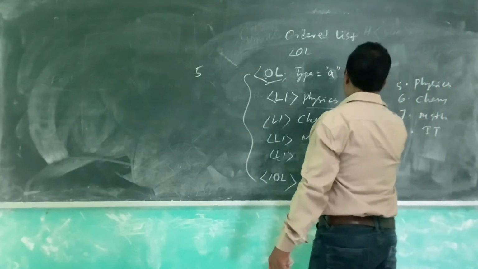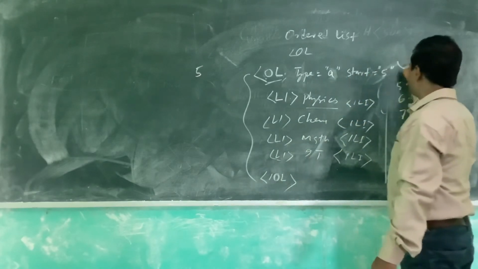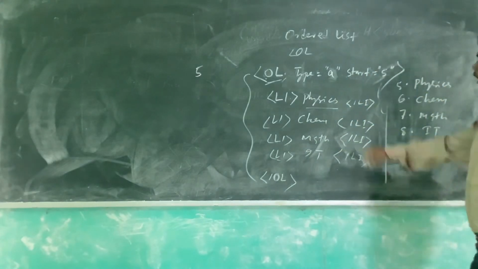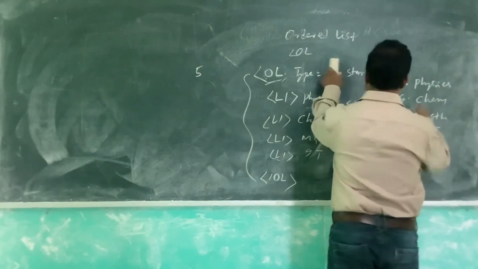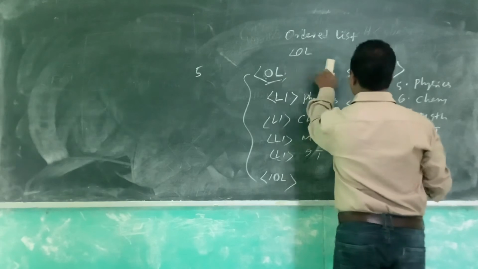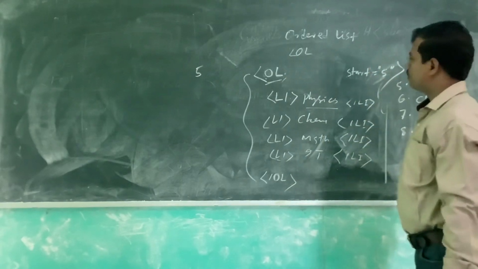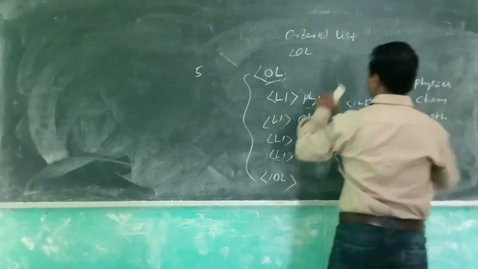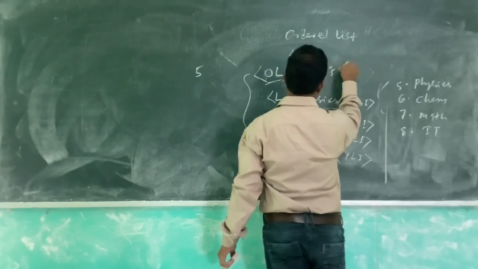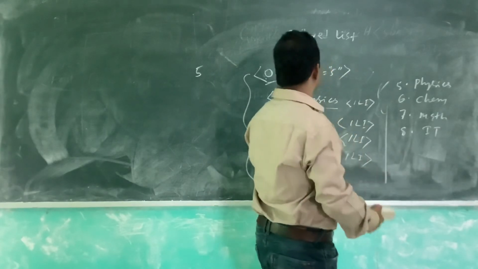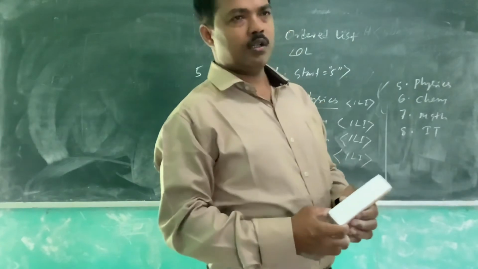Add another attribute, start equal to 5. Okay, OL, and here you do not have to use the type attribute, just write down start equal to 5 because the default ordered list type is number.